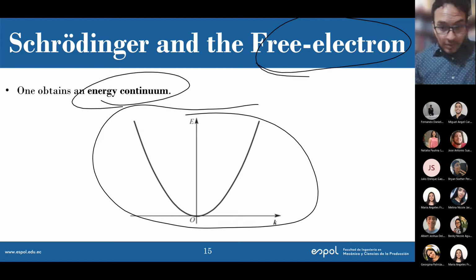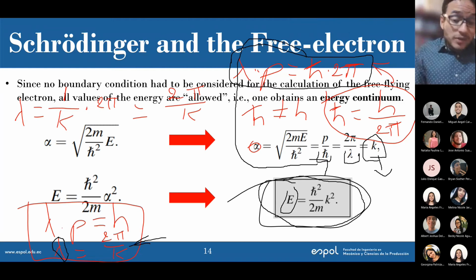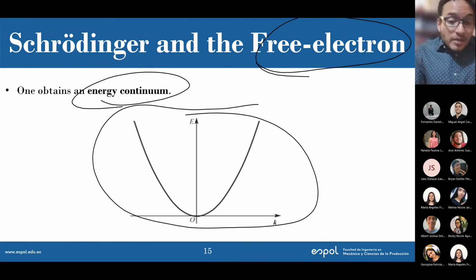And obviously, as Natalia said at some point, or Fernanda, I don't remember, it's got to be positive. Yes, because energy is positive, because the mass and the Planck's constant are always positive, and K might be negative, yes, but it's squared. So it is going to be positive at the end, the value of energy.